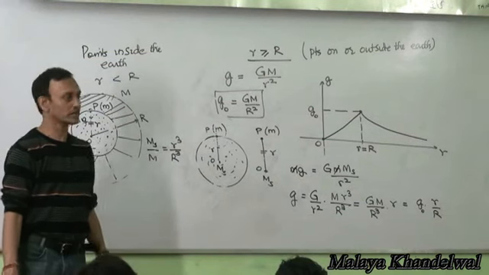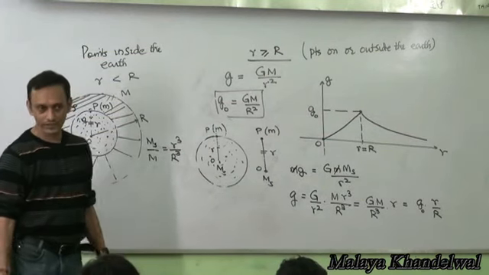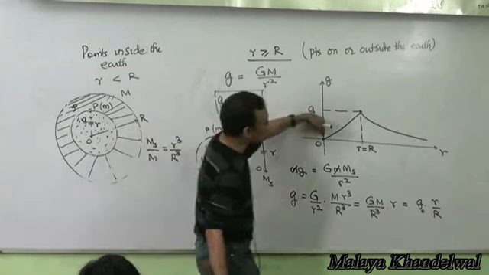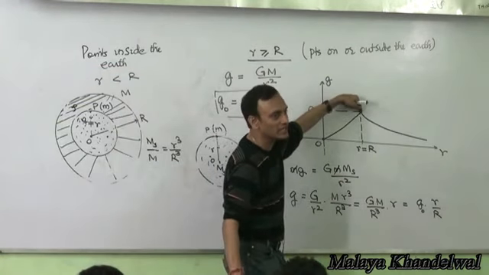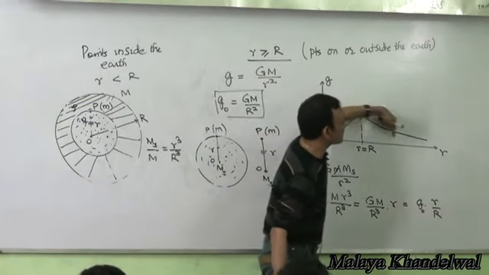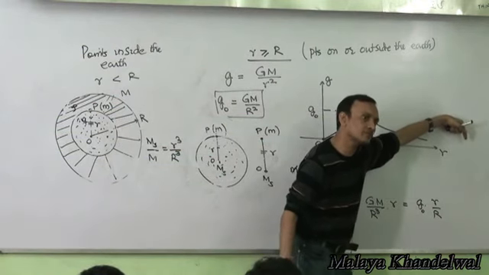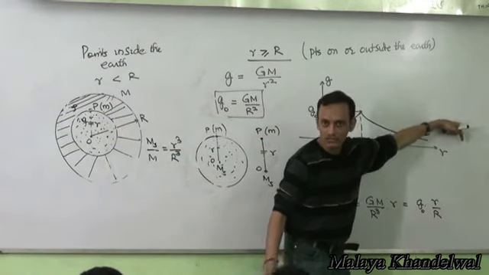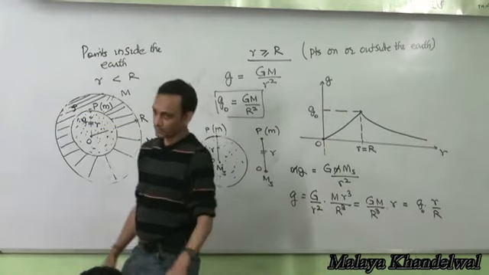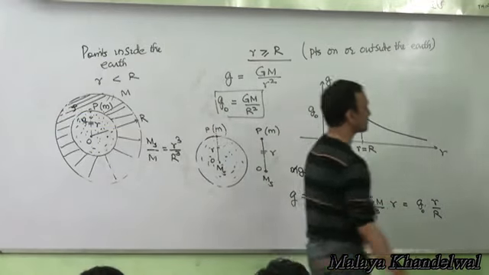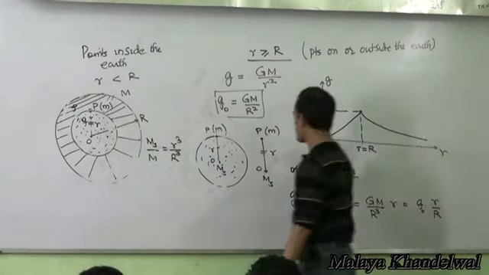It has the maximum value on the surface of the earth, very clearly, right? So from the center to the surface, it increases linearly and then it decreases as 1 by r square. From the earth above, it decreases as 1 by r square, right? This is how g varies with height and depth.